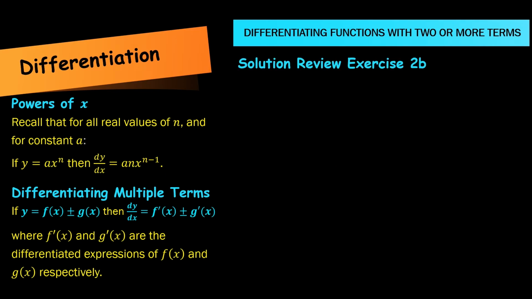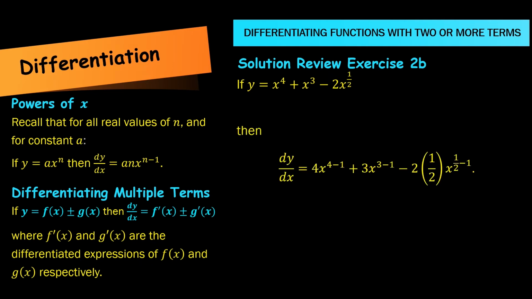Now let's solve review exercise 2b. If y equals x to the 4 plus x cubed minus 2x to the power half, we have that dy/dx equals 4x to the 4 minus 1. Here a equals 1 and n equals 4, plus 3x to the 3 minus 1.